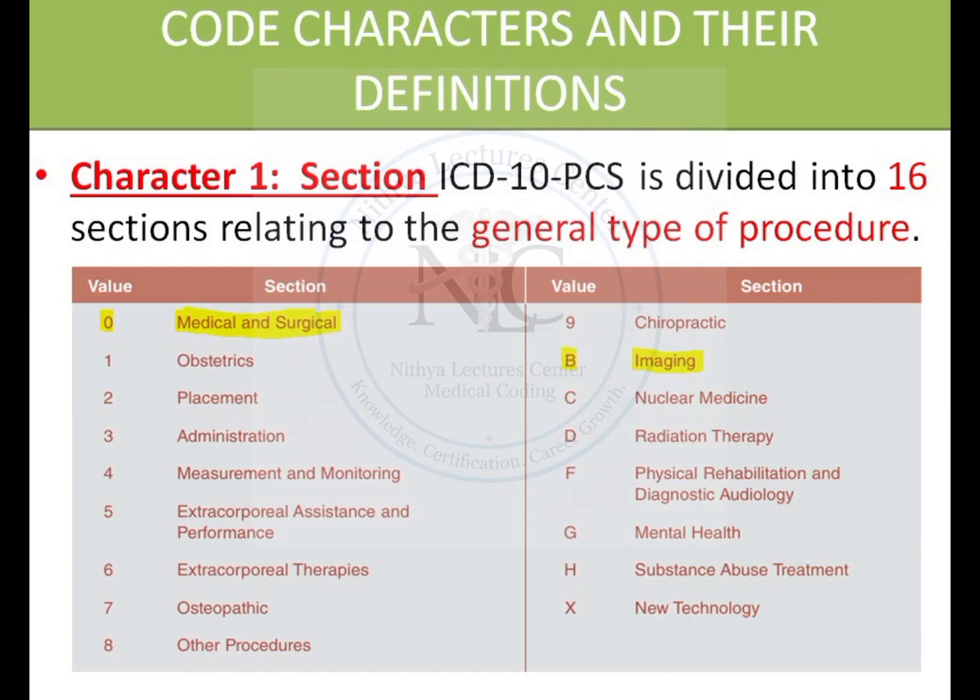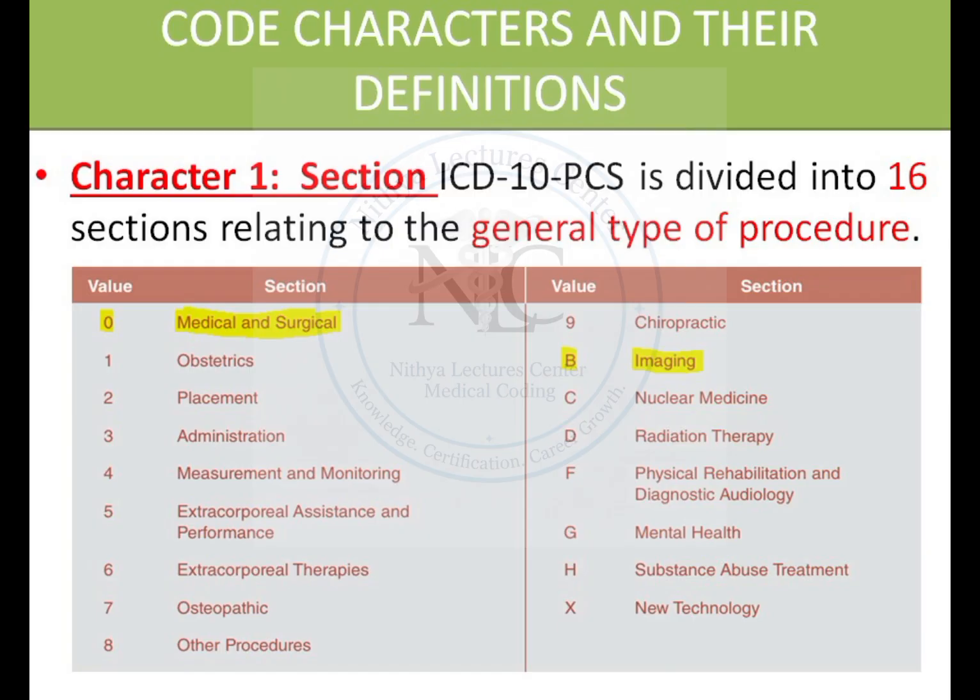The code characters and their definitions. This slide is going to explain the very first character of the ICD-10 PCS code. Think of this as the main category or home of the procedure. In PCS there are 16 different sections.